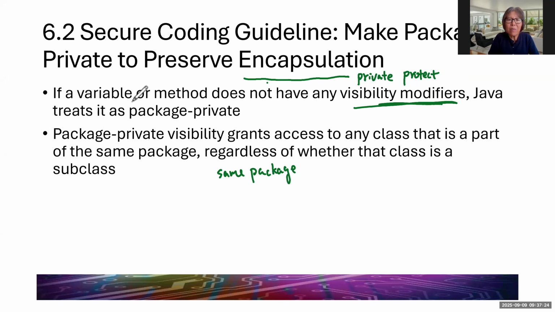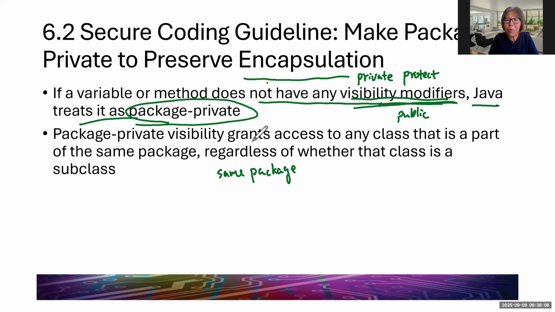If a variable or method does not have any visibility modifier, so without private, protected, or public, those are visibility modifiers, if you don't add those three keywords before the variable or method, then Java will treat it as package-private. Package-private also limits visibility and accessibility.